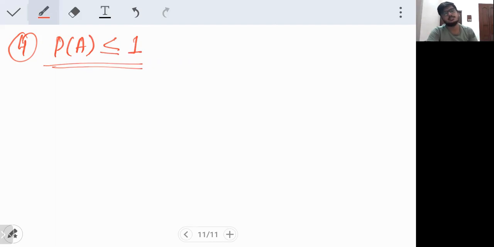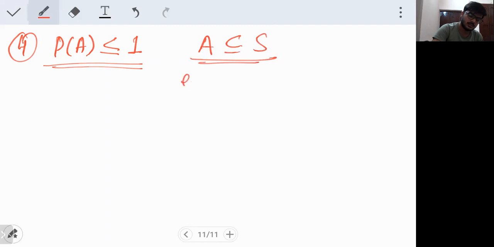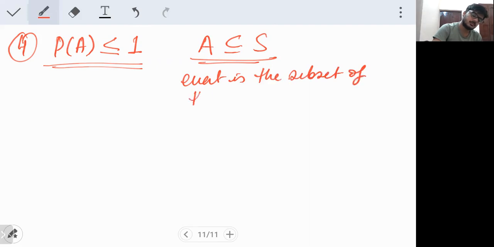Any event will have probability less than or equal to 1, right? As we have seen, any event is a subset of the sample space, right?